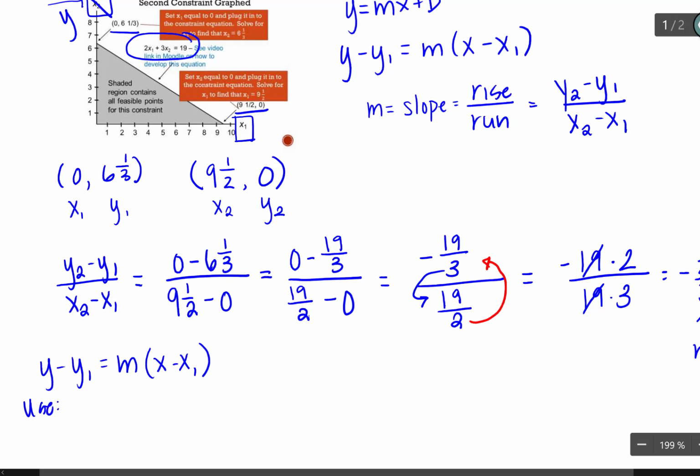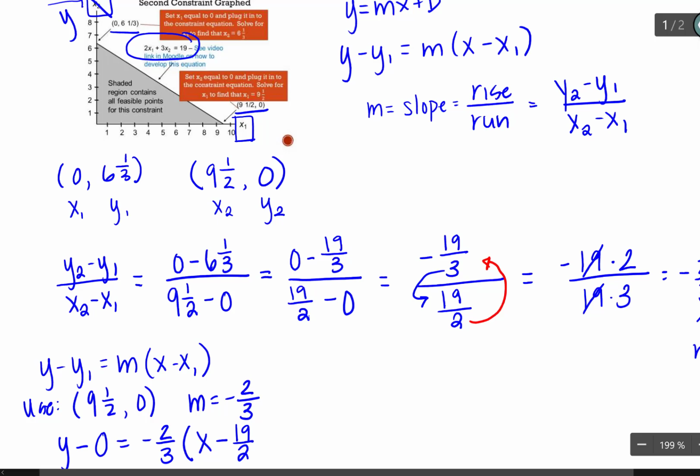And we know that our slope, we just calculated it to be negative 2/3. So we have y minus y1, which is 0, equals our negative 2/3 times x minus x1. That's the 19.5, or we know from before that that's the fraction 19/2.